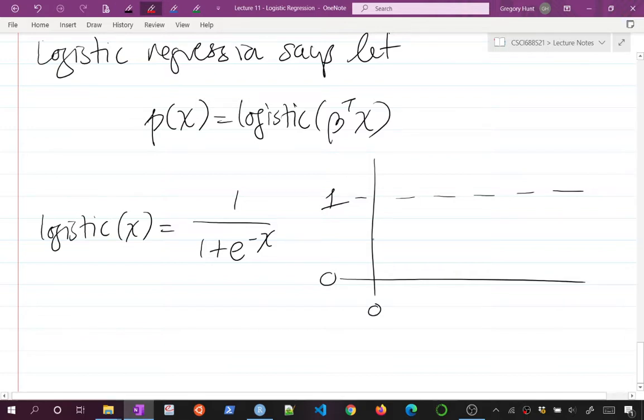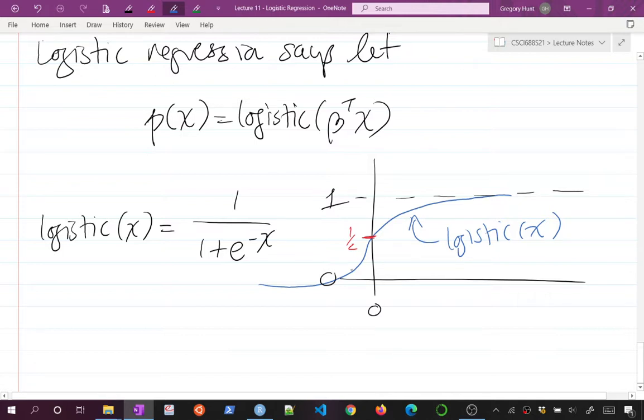My logistic function is going to pass through 1/2 there, and it's going to look something like this. So it's an S-shaped curve. This is logistic of x.